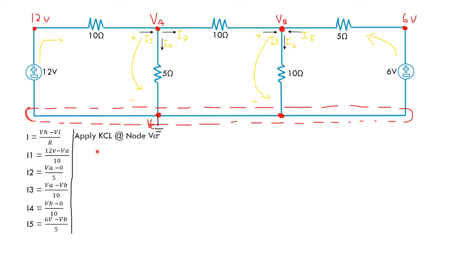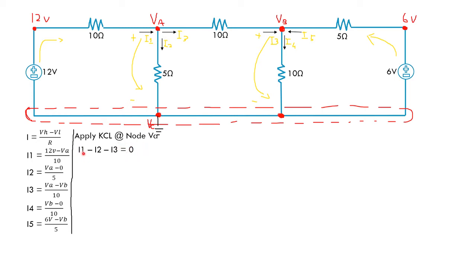The equation is I1 positive because the current goes into the node, and minus I2 because the current is leaving the node, and next minus I3 because the current is also leaving to VB, equal to 0.